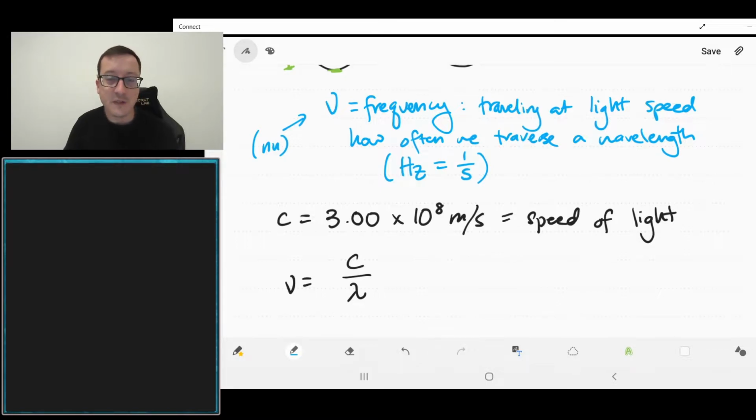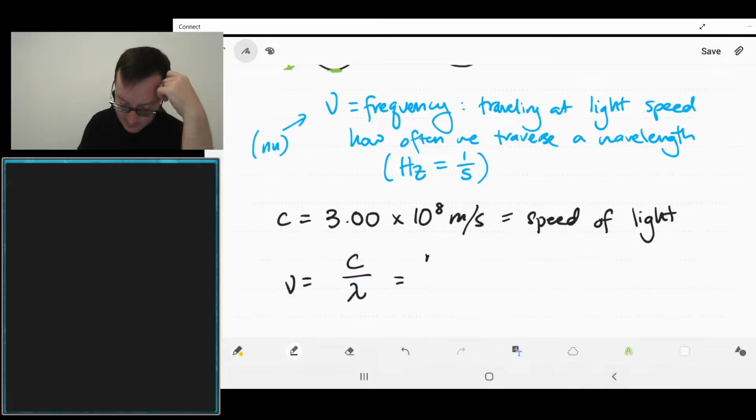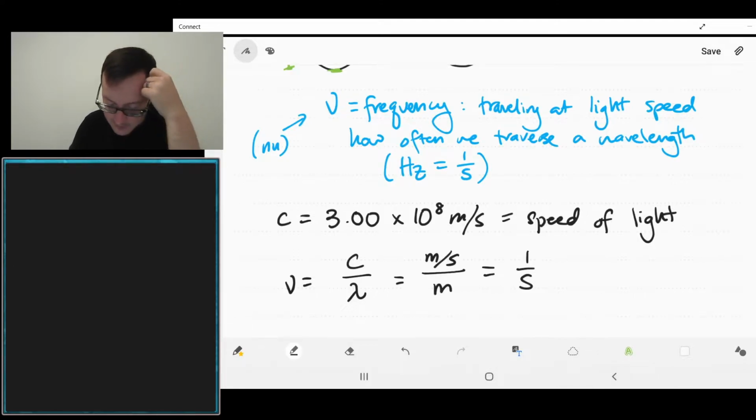It's like a cursive V, kind of, but hard to do just writing. So, anyways, the frequency is equal to the speed of light over the wavelength, and we can tell if we ever forget this because we have meters per second over meters, which gives us 1 over second.